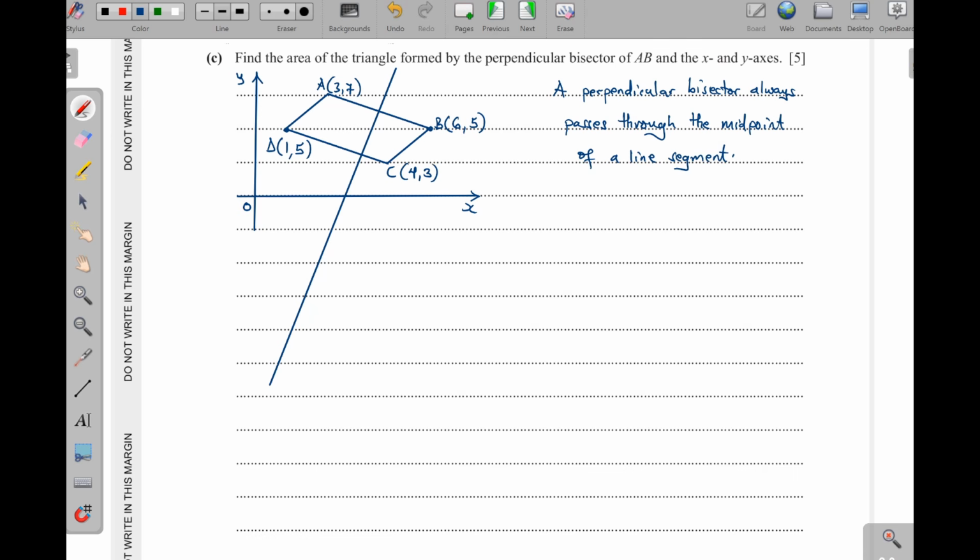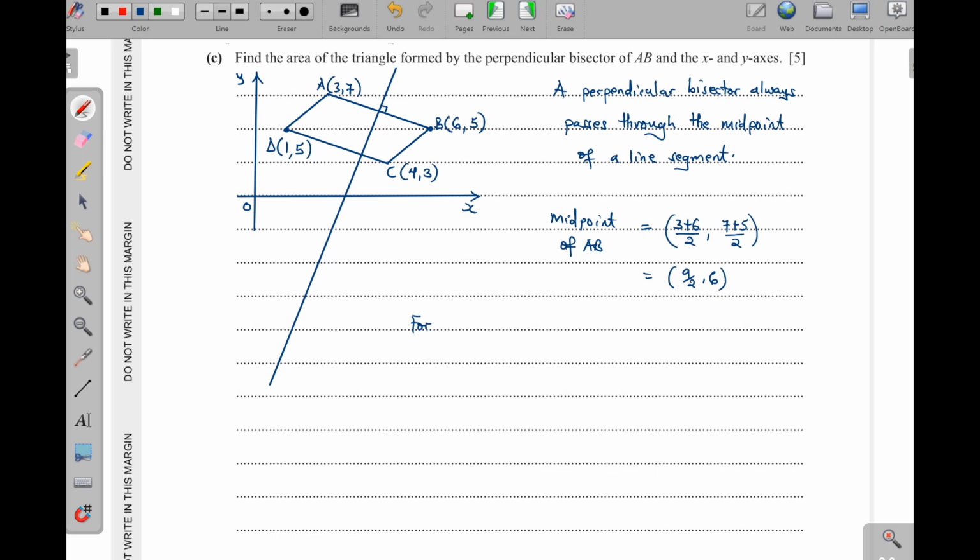Okay, so the midpoint of that line AB is going to be the average of the x coordinates, (3 plus 6) divided by 2, and then the average of the y, (7 plus 5) divided by 2. Not so? And then here we shall get 9 over 2. And then this one will give us 12 divided by 2, that's a 6.